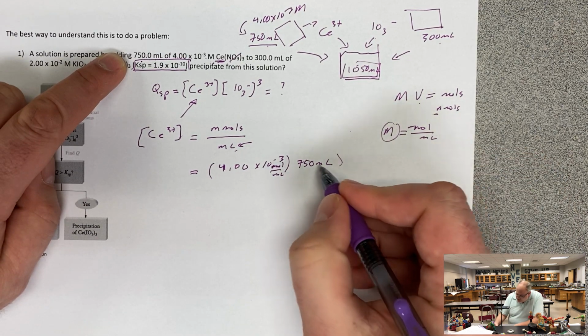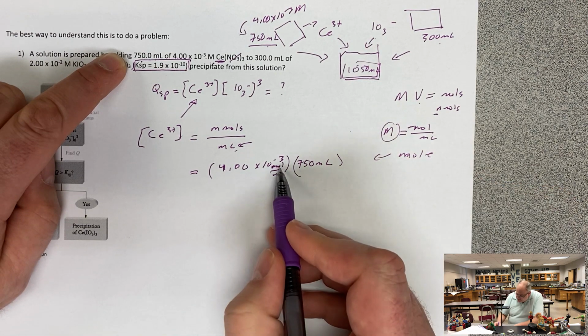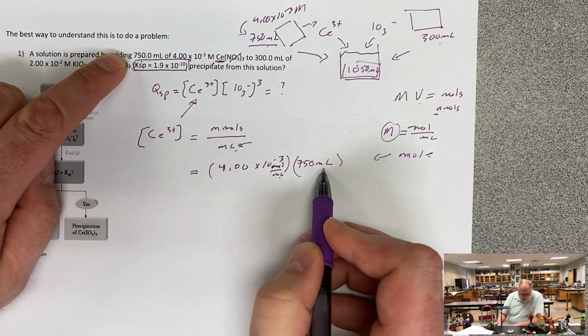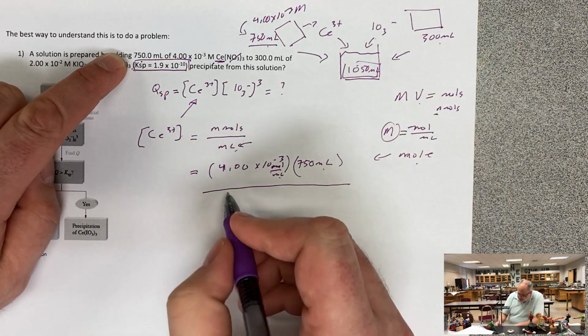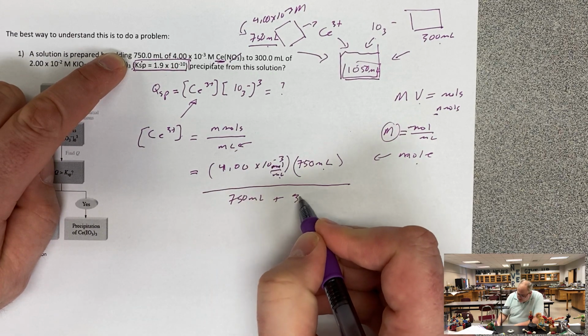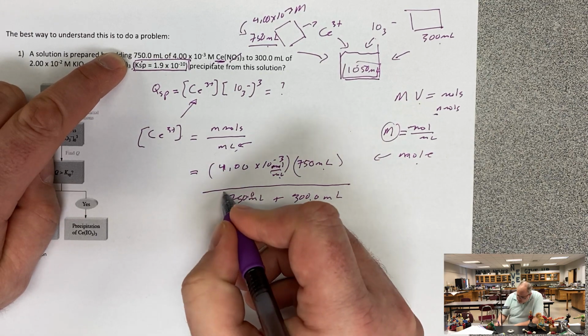We put that on the top, and that's going to give us our moles. Because if we multiply millimoles divided by milliliters times milliliters, we're going to end up with moles. On the bottom, we're going to add our two volumes together, which is going to be 750 milliliters plus 300.0 milliliters.